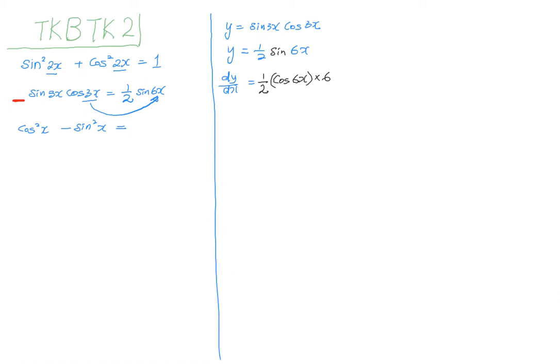May I know what is the simplest form for this? For example, if I give you this, I want you to find dy dx. You can do it straight away, but you have to do chain rule twice. So how can I simplify this?